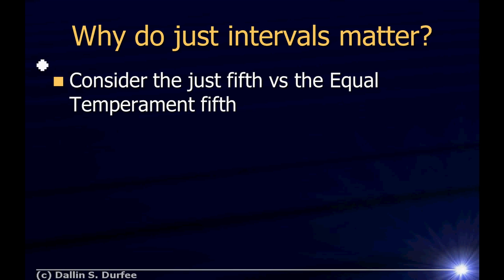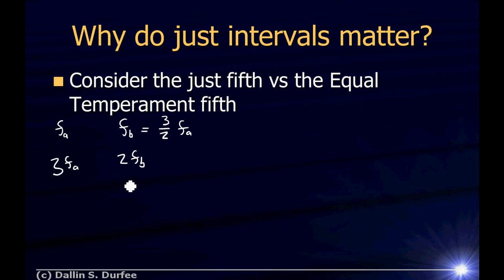All right, so for a just fifth, let's say I play a note at some frequency. Let's call it frequency A. I'm going to play another note whose fundamental is at some frequency B, and I want it to be a just fifth higher. And remember, a just fifth is a factor of 3/2. Well, it turns out if you look at the frequency of the third harmonic of your lower note, and compare that to the second harmonic of the upper note, what happens?